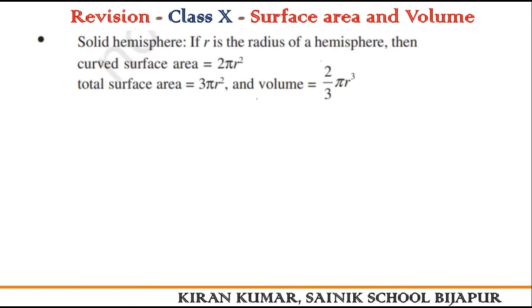A solid hemisphere has the curved surface area as 2 pi r square and total surface area 3 pi r square, and the volume is 2 by 3 times pi r cube.